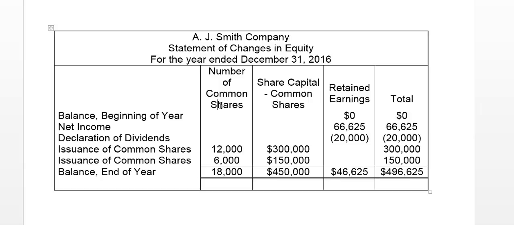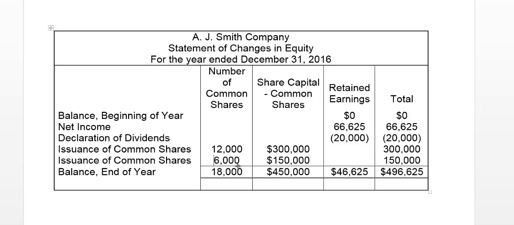They'll either do it on the face of the statement or they'll do it in the notes to the financial statements, but they do tell you. So here what we do is we put it right in the statement of changes in equity. So we say this is the number of common shares that were issued when we got our $300,000 on January the 1st. And then this is the number of common shares that were issued when we bought the land and the building, right? The 6,000 shares.